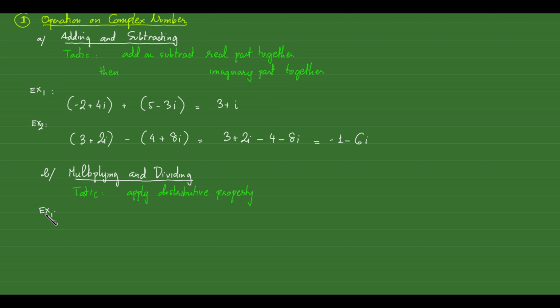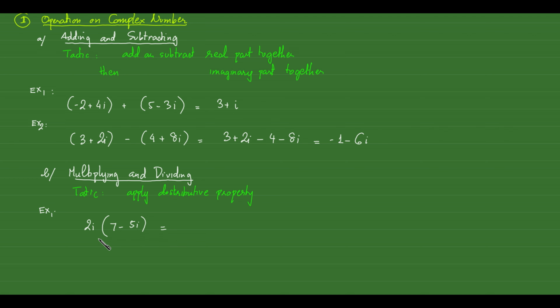What if I have a complex number and I want to multiply by another complex number like this?